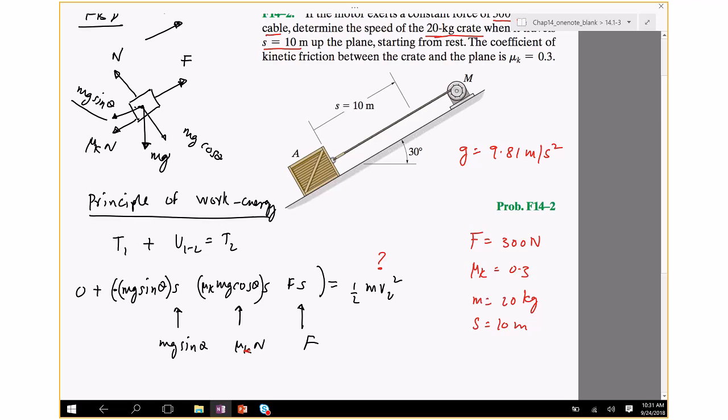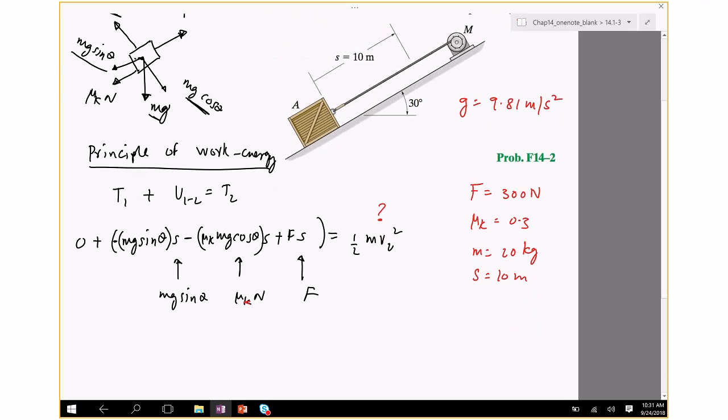Mu k mg cosine theta. Why did I get that? Well, the normal force is mg cosine theta, right? That's using F equals ma in the vertical direction. So mu k mg cosine theta is downwards, S is upwards, so it's negative. The force F acts upwards, S is upwards, so it's positive.